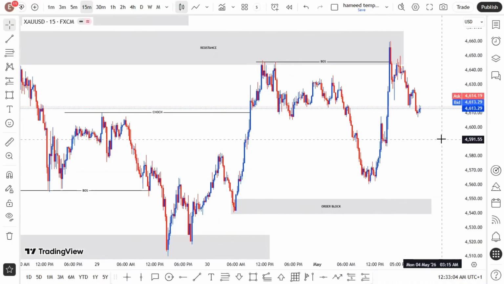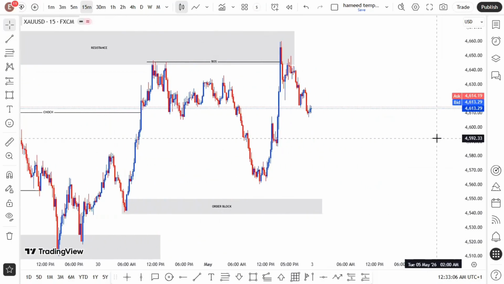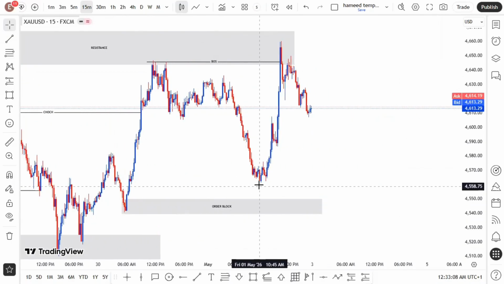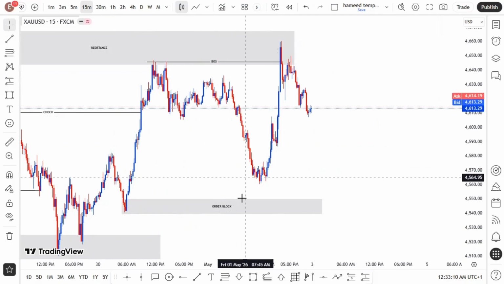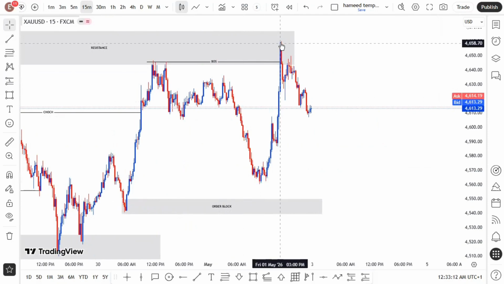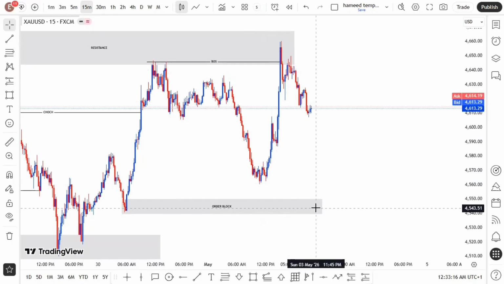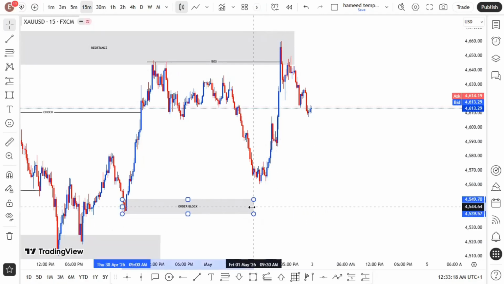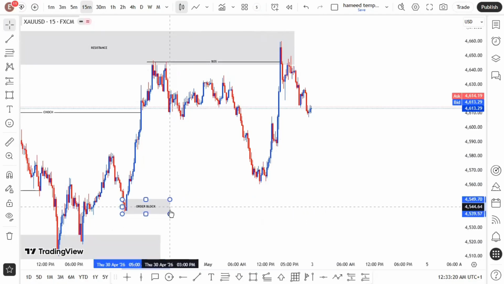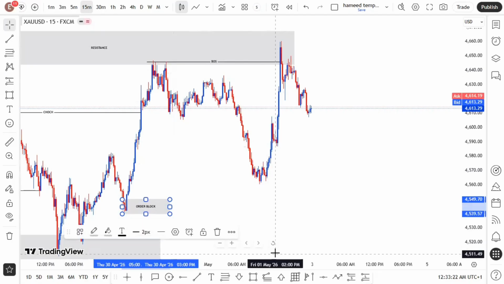Now, since we have a new break of structure, our trading range is now from here to here, because this is the low that caused the break of structure. So our trading range is here to here. But we are not going to ignore this one. So we just have to pend it. The market may still come there.